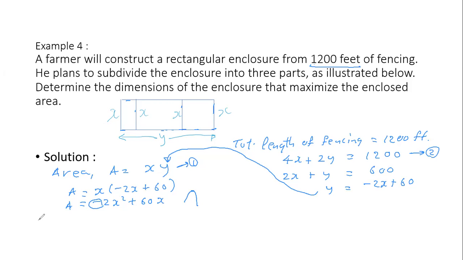Therefore, for maximum area, x equals, we use the equation negative b over 2a.